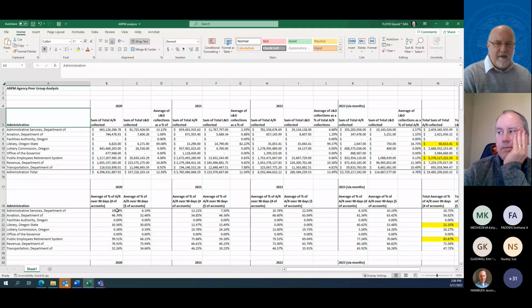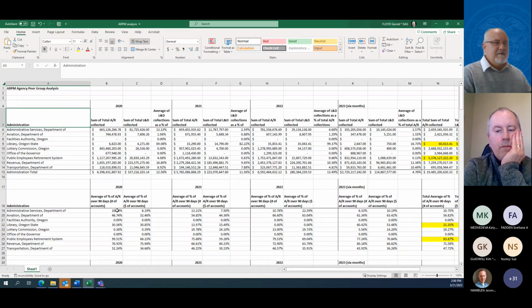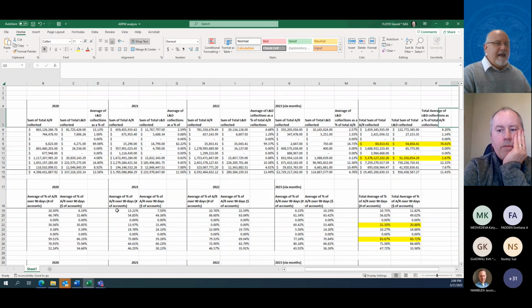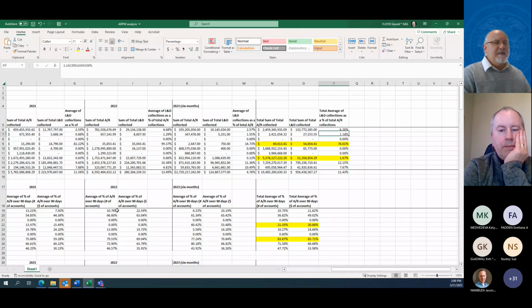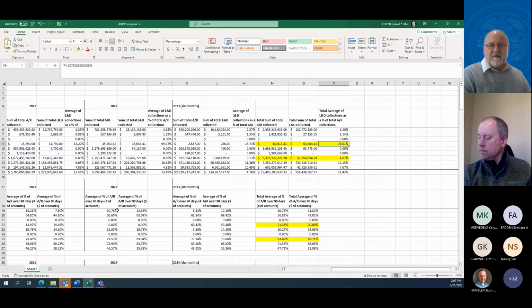We all know that from the ARPMs, but it's a comparison of how much is being collected and how much of that is L&D collections, against the percentage of accounts that are becoming 90 days past due.